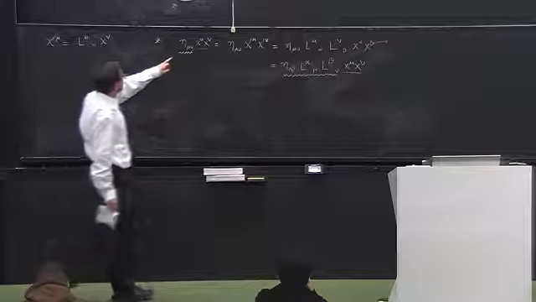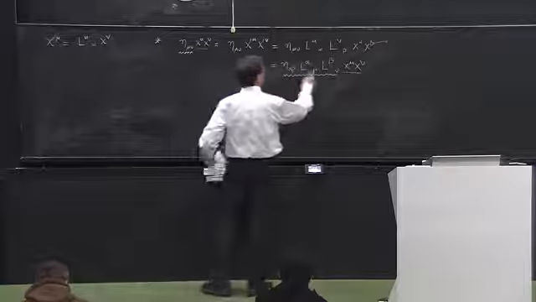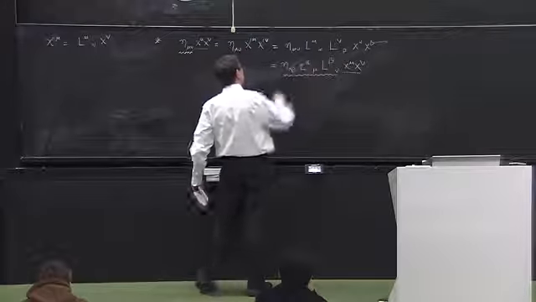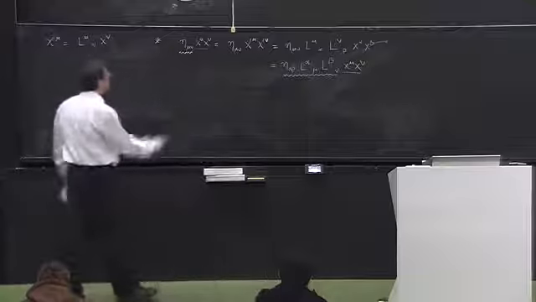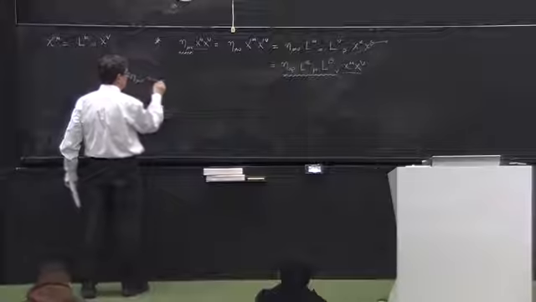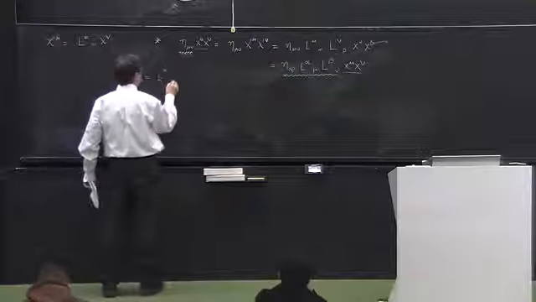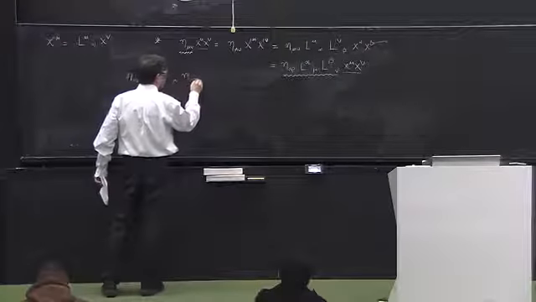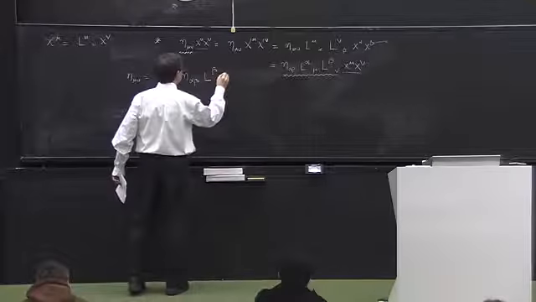But this is symmetric by definition, and this is symmetric in mu and nu by construction. So it really means the equivalence of these two. So eta mu nu is equal to L alpha mu eta alpha beta L beta nu.